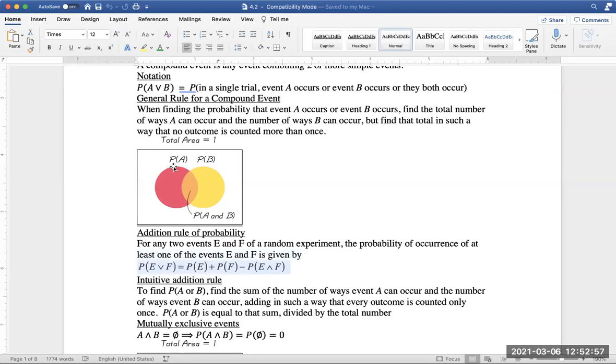Or, doing A's and B's, the probability of A or B is the probability of A plus the probability of B minus the probability of A and B, because you counted this twice.